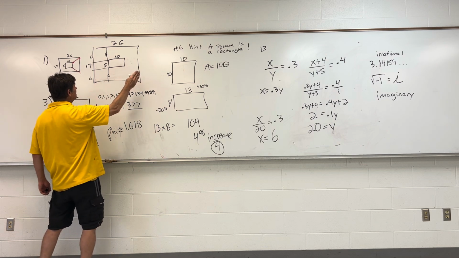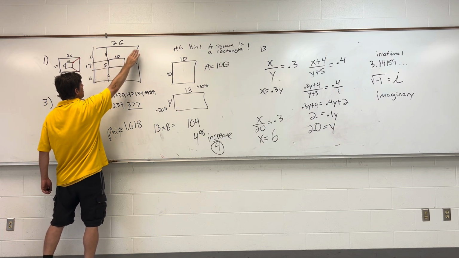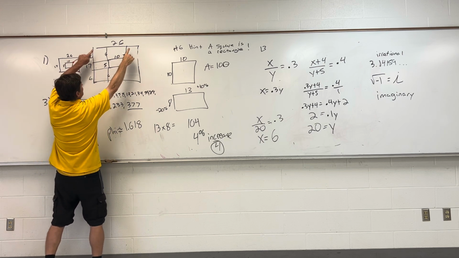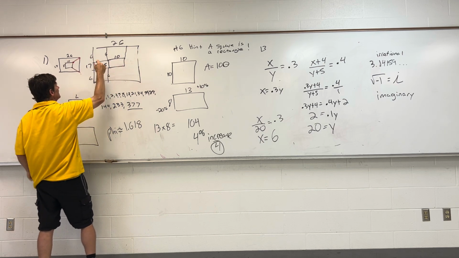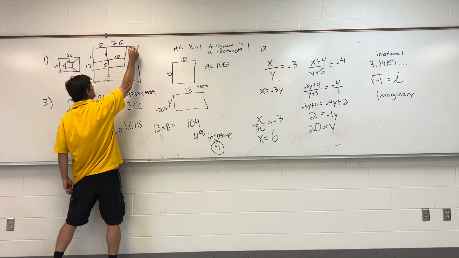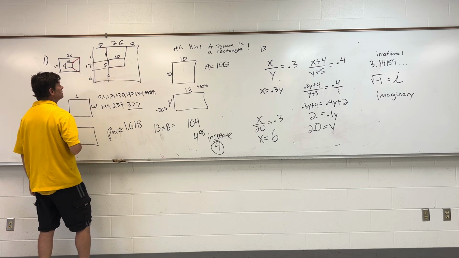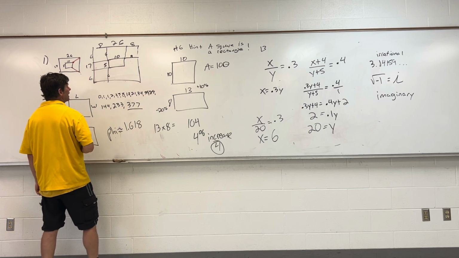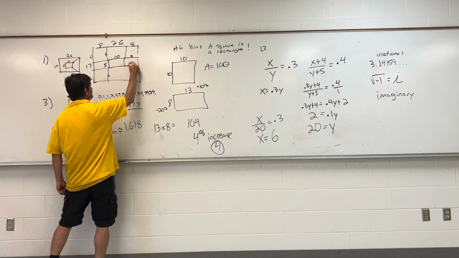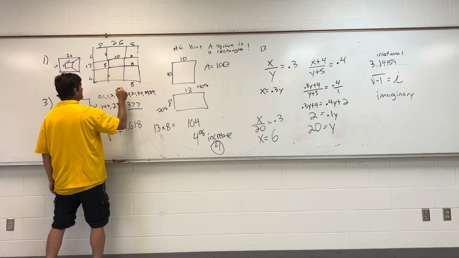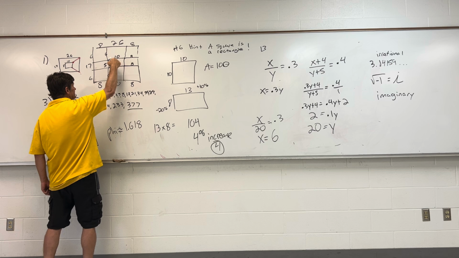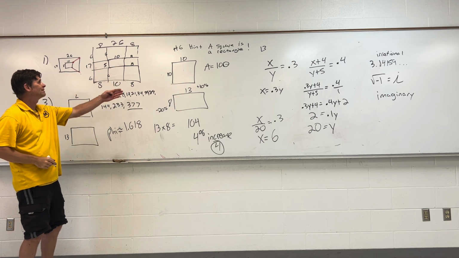This is 10. If this is 26 across, then this plus this must be 16, so this needs to be 8 by 8, which means this distance is 8, and this distance is 8. 8, 10, 8, that's 26.